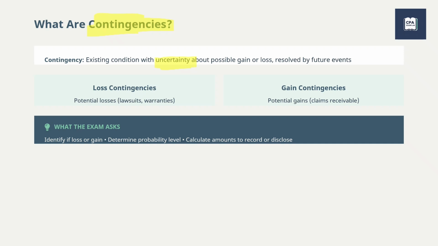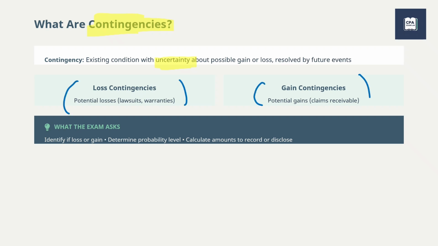The first one is a loss contingency, which is maybe there's a potential lawsuit, maybe there's a warranty, or an environmental cleanup obligation. And the second is the gain contingencies. Maybe the company sued someone and we are expected to get something, or maybe we are expecting some insurance payout. So those are all considered gain contingencies.